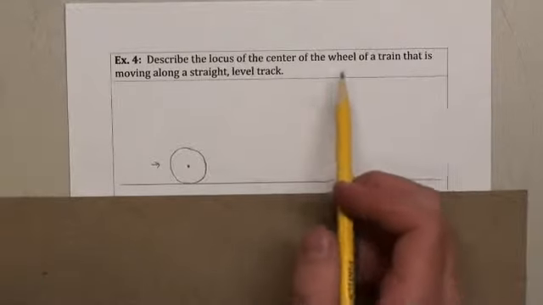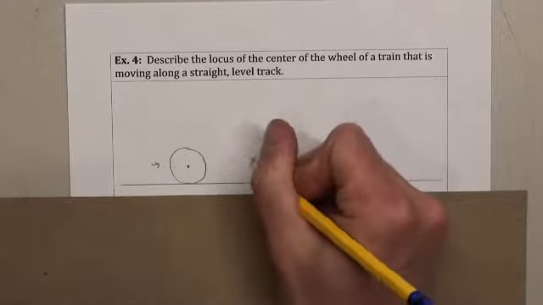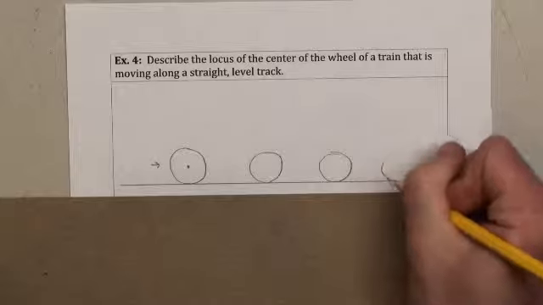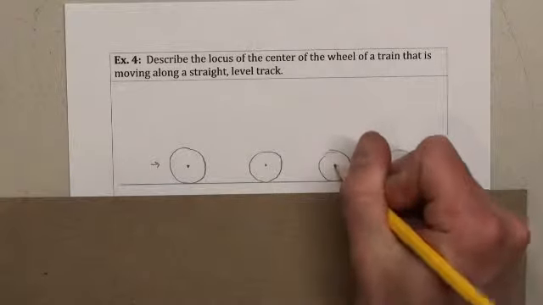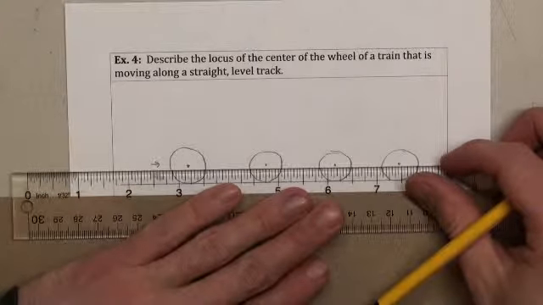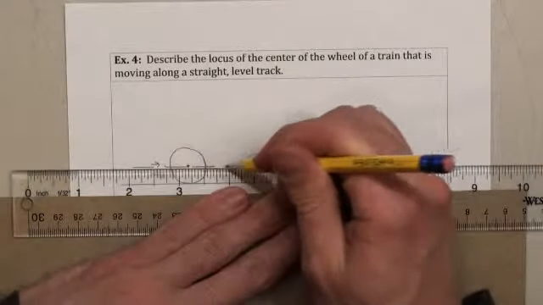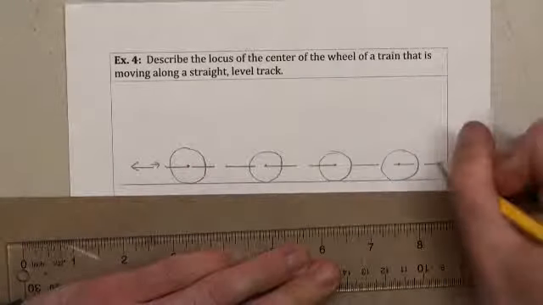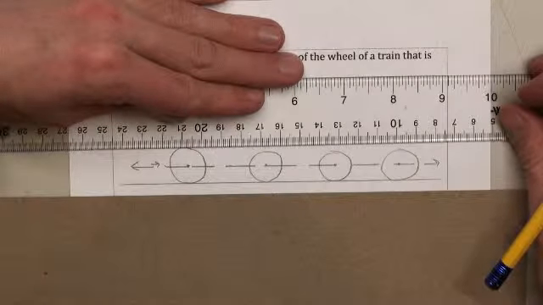Describe the locus of the center of the wheel of a train that is moving along a straight level track. Well, as the wheel moves along the track, what happens to the center of the wheel? Nothing happens to the center of the wheel. It stays directly in the center. So they want you to realize that when a wheel turns, the center does not move with respect to the track and with respect to the top of the wheels.